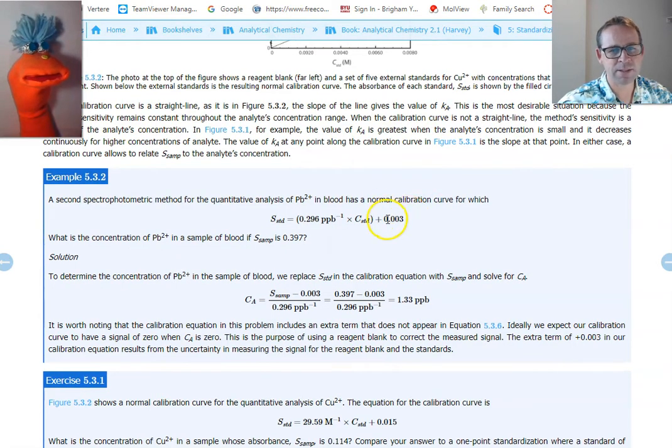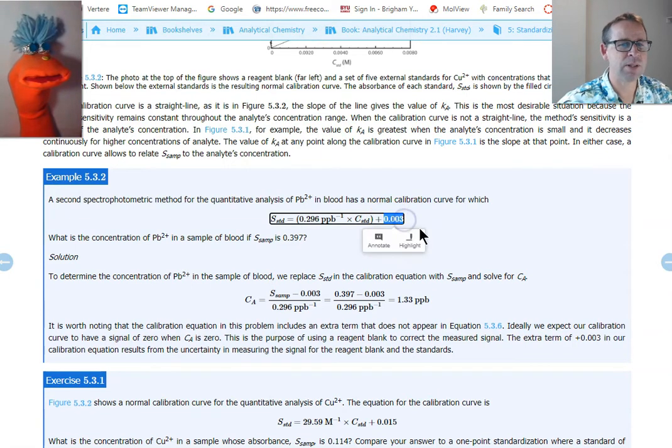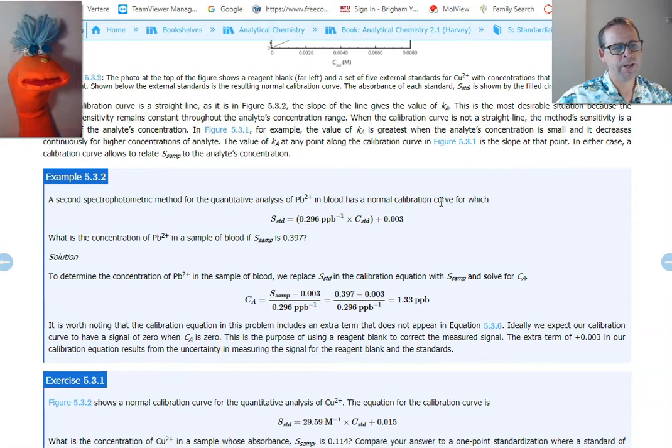And we expected this to be 0 if we blanked everything perfectly. If we don't get 0, then that's an indication of a little bit of the variance or the error that's in our method.